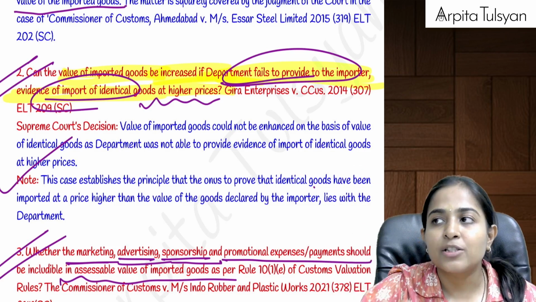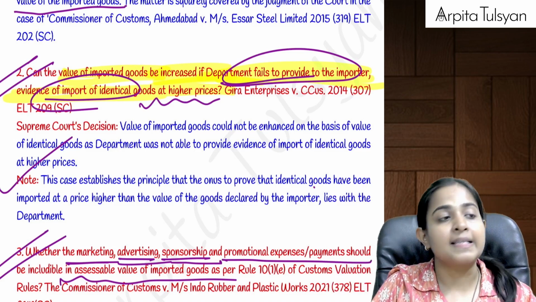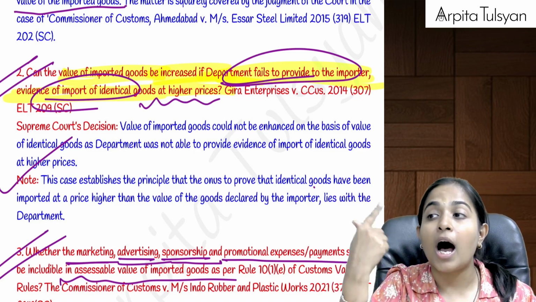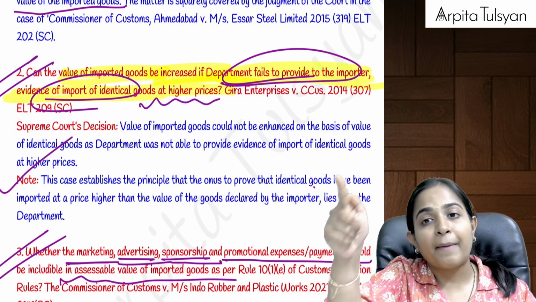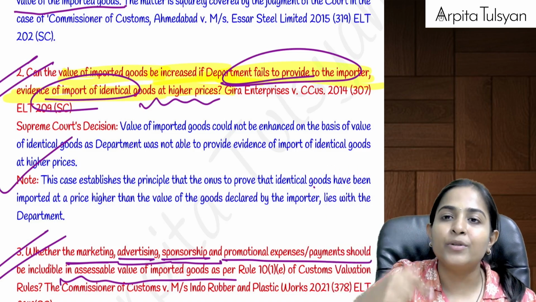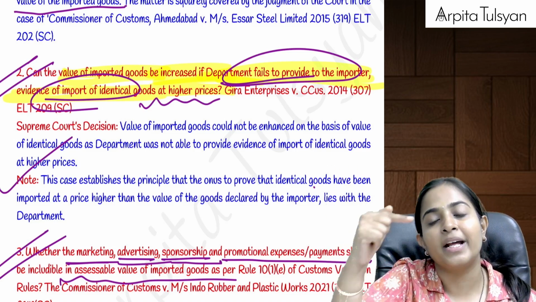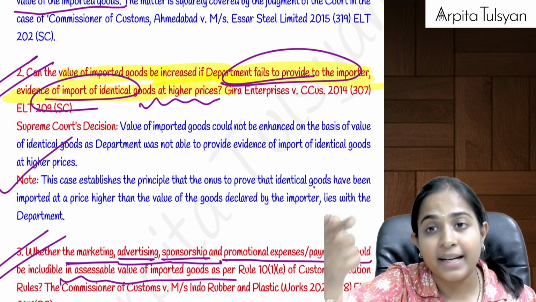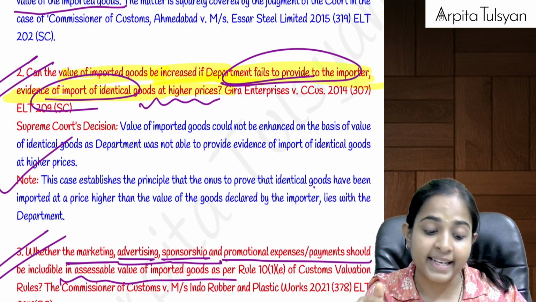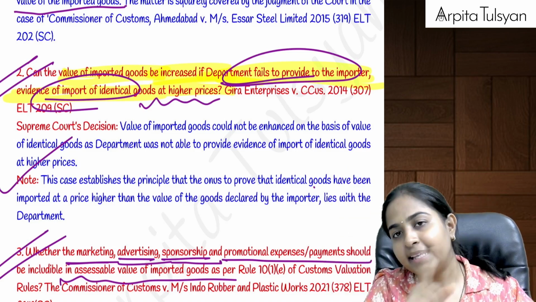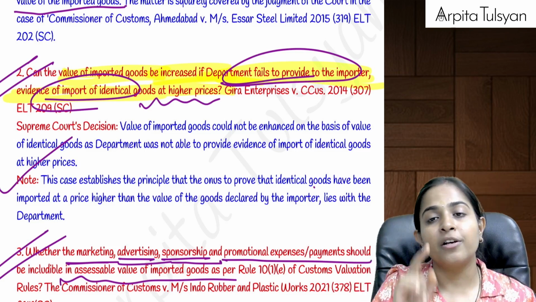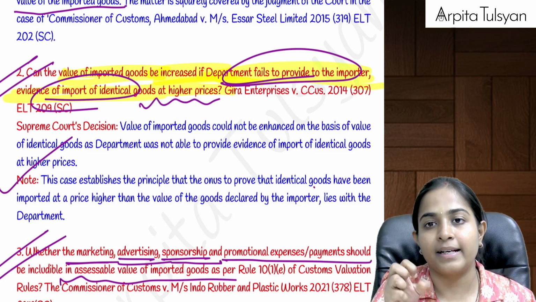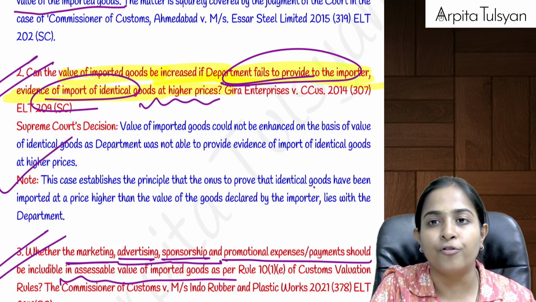You have all the rights to ask the department why it is doing the valuation at higher prices, and the department is bound to provide the explanation. If the department does not give the explanation, then valuation cannot be done at that higher price. So the burden of onus is on whom? The onus to prove is on the department.